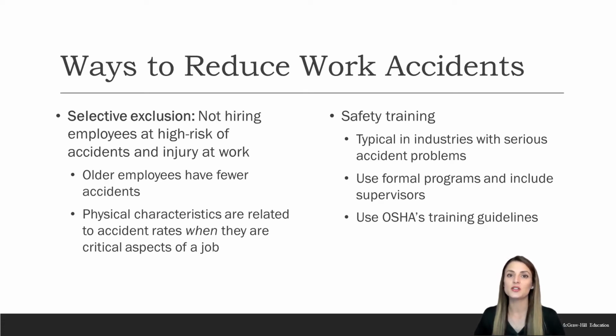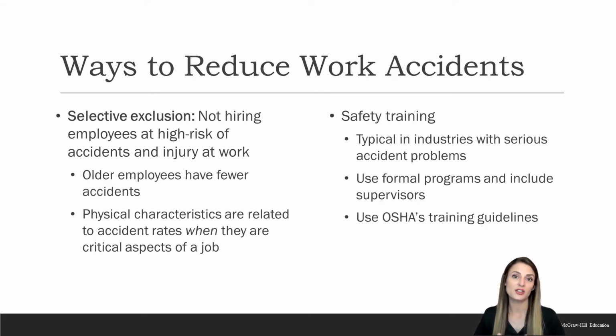Think about some of the reasons why this might be the case. There are a variety of reasons, and it all ties back to older employees having more knowledge and more experience. So we might pay attention to age if we can prove that this correlation exists, that older employees at our organization do in fact have fewer accidents than younger employees.